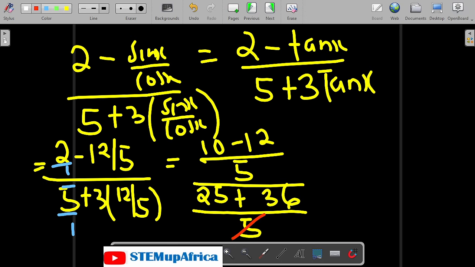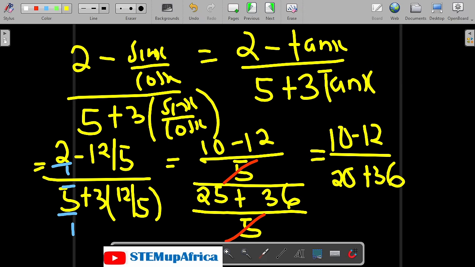So this 5 can cancel this 5. So I'm left with 10 minus 12 over 25 plus 36, which is now minus 2 divided by 61. That's the solution to question A.